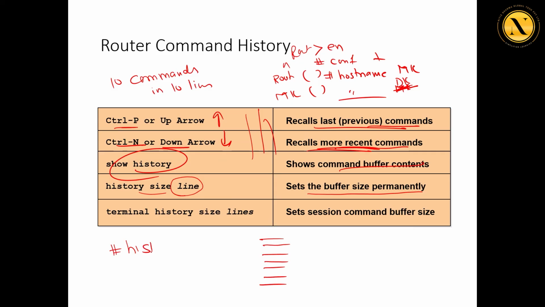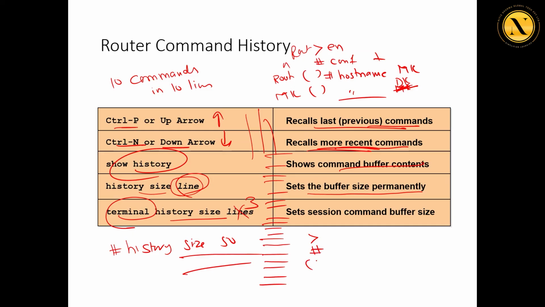But if you say history size 50, now it will start saving your last 50 commands. Got it? But if you say terminal history size, let's say 3, then as long as you are in this session and don't say exit, exit, exit and go out, it will now save only 3 lines, 3 commands in 3 lines.